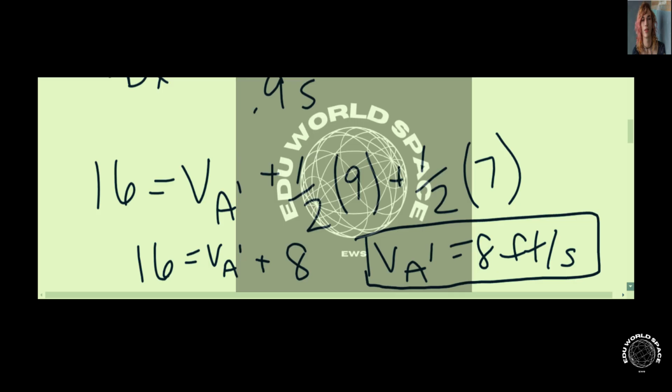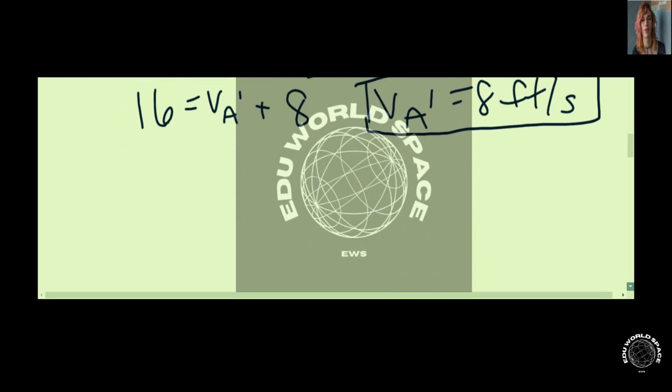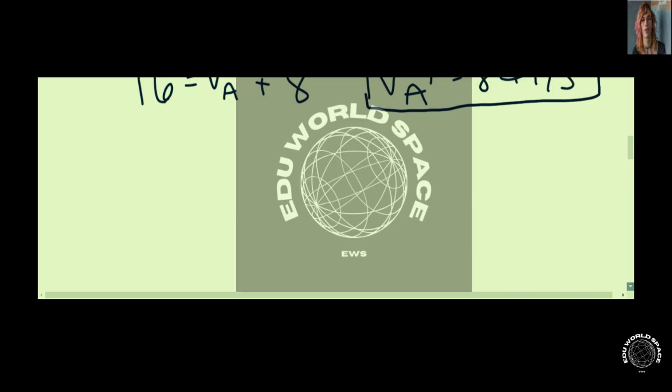Now, for part B, we know that the angle, again, above was 30 degrees, but we don't know the bottom one.